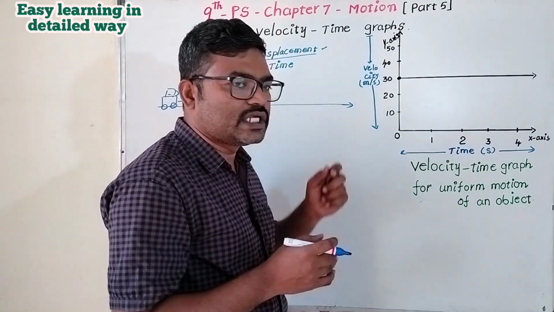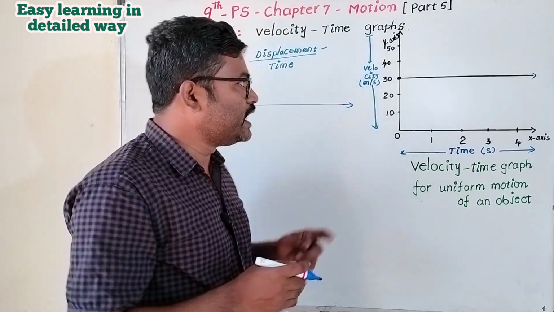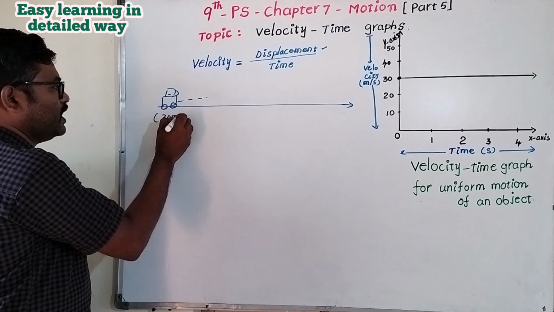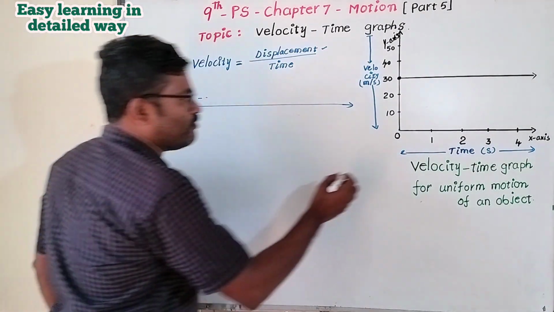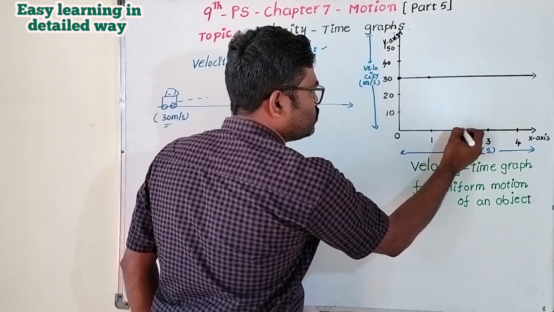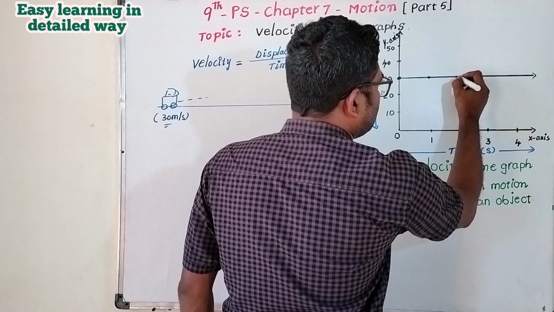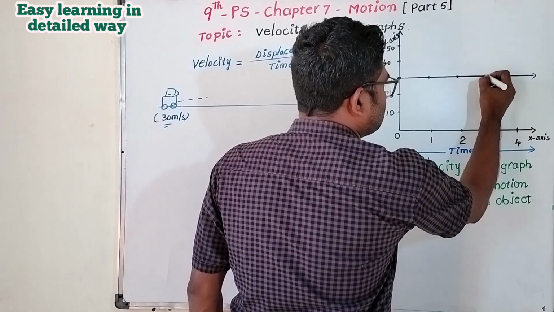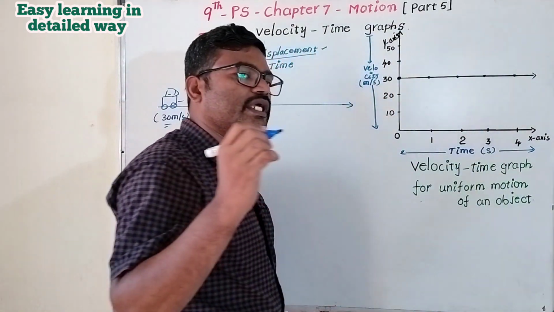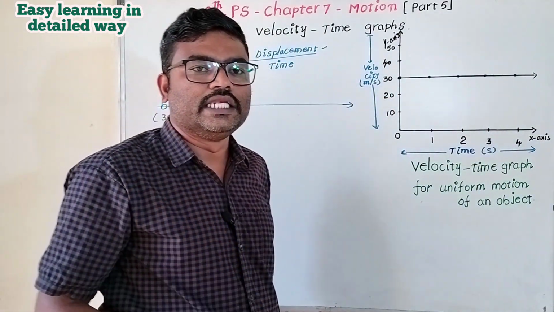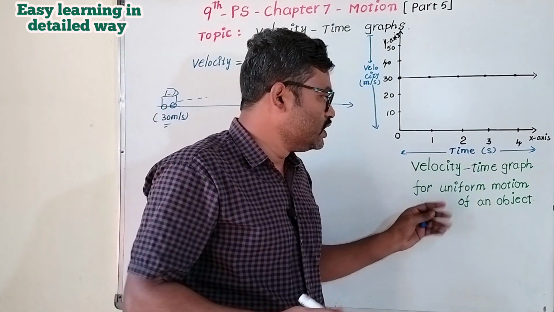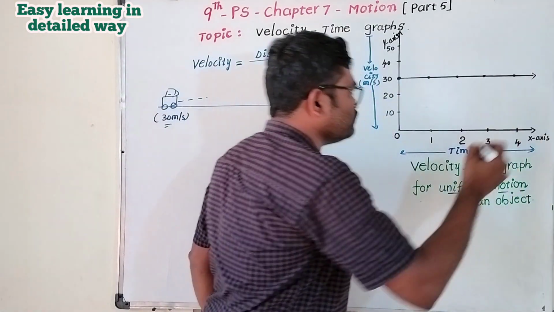For 1 second its velocity is 30, for 2 seconds it is 30, for 3 seconds also 30, and the 4th second is also 30 meter per second. So the object is in uniform motion.